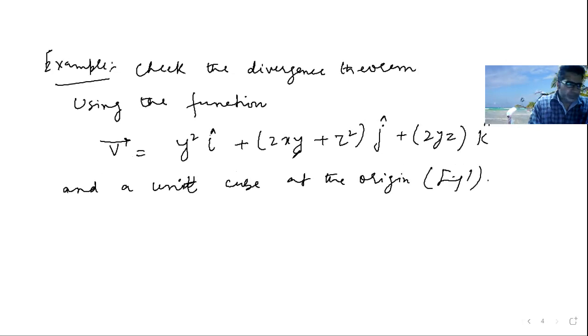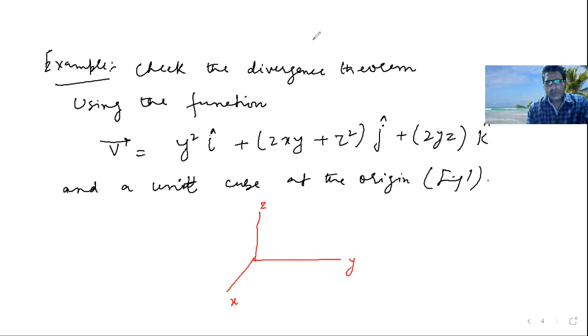Figure 1. So I have a figure. The figure is like this. This is my x, this is my y, this is z.